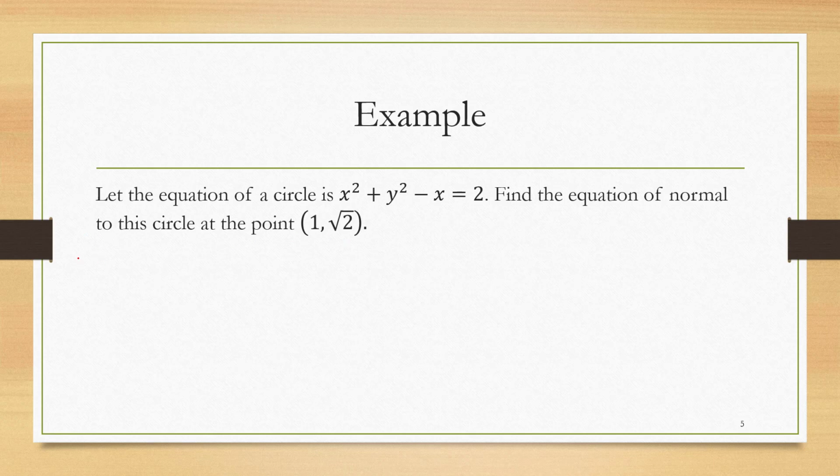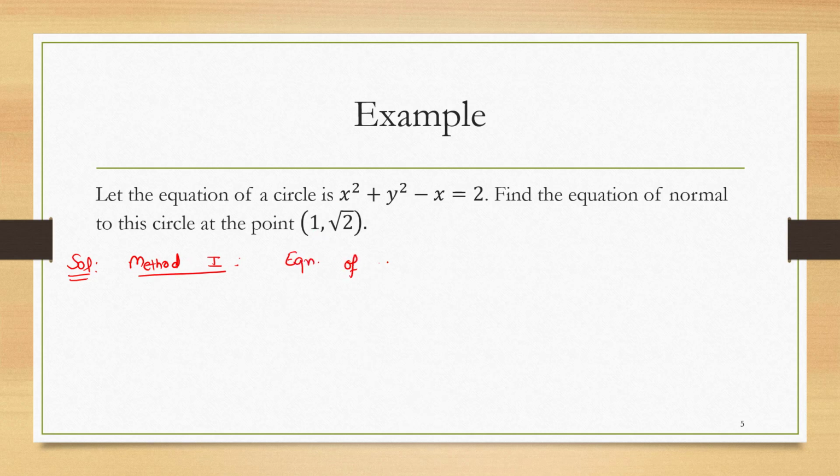So first of all, we use method 1. Why do we use method 1? Method 2 is easier actually, but we are doing method 1 because sometimes the equation of circle is not given and the equation of tangent is given only. So then we have to use method 1 only. So in method 1 we will find the equation of tangent first.